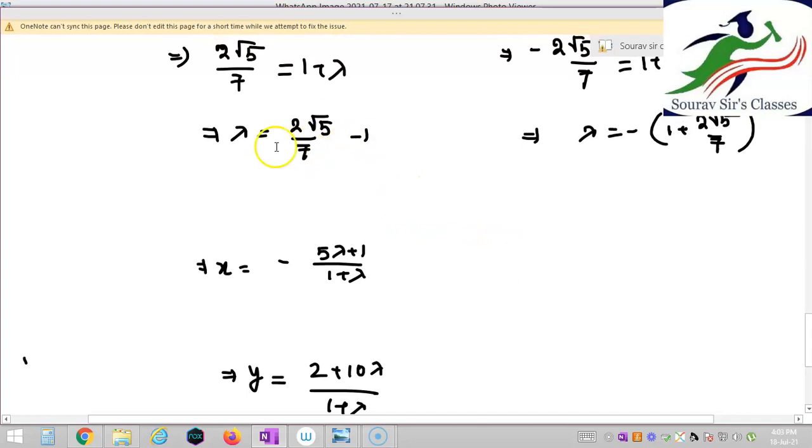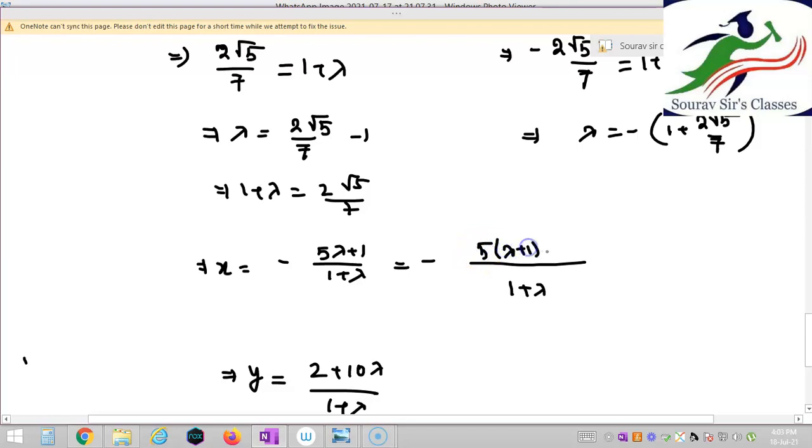So first we are going to put this value. So actually 1 plus lambda is equal to 2 root 5 by 7, right? So we actually can write it minus 1 plus lambda, and then in the numerator I can write 5 into lambda plus 1 minus 4, right?